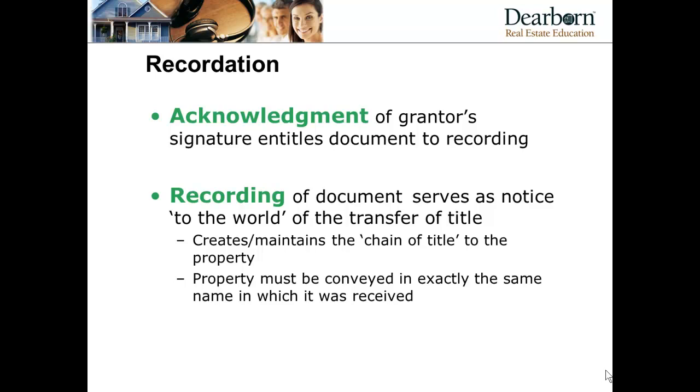In recording as well, the grantor's name needs to match what was the grantee's name in the previous transaction. So the property was conveyed to a party, and it has to be that same party that transfers it. That party could be a real person's name, it could be a fictitious name, it could be a business name, but it needs to match what the property's owner's name is currently recorded as.